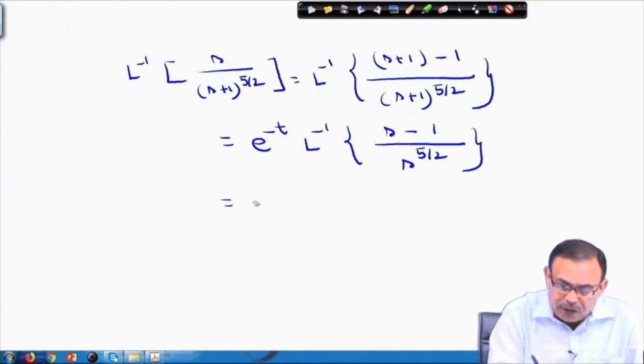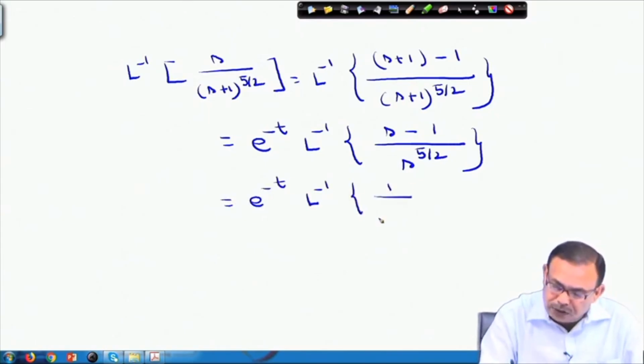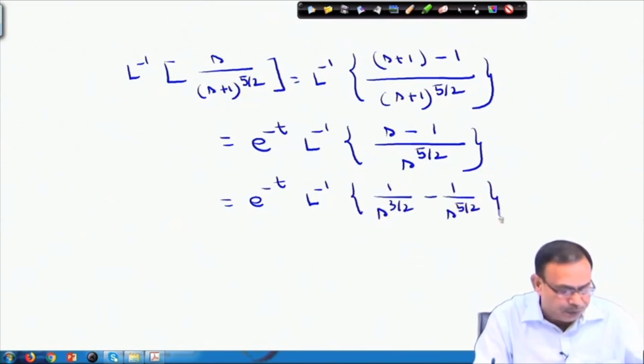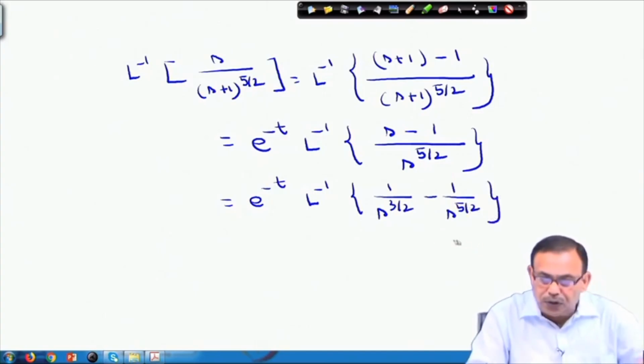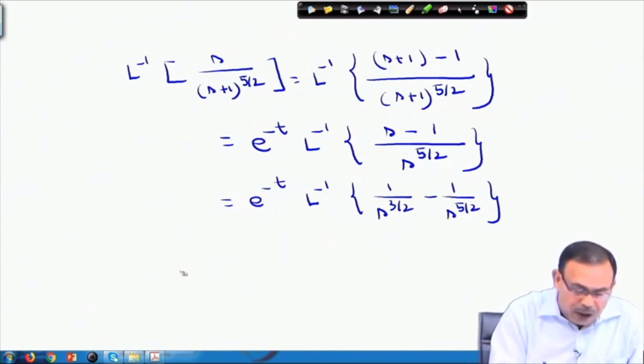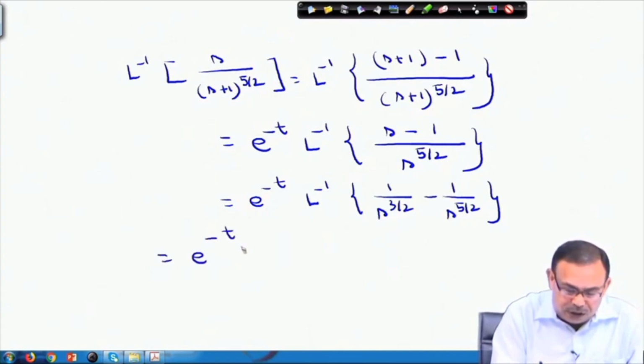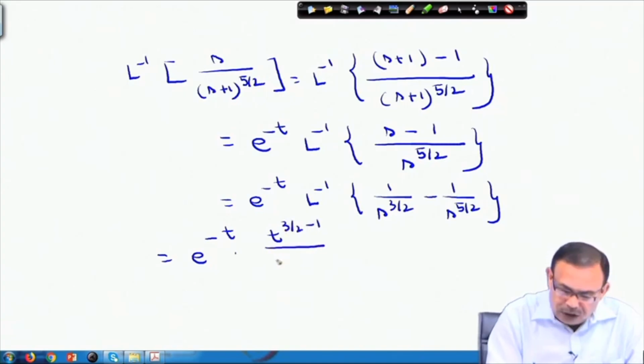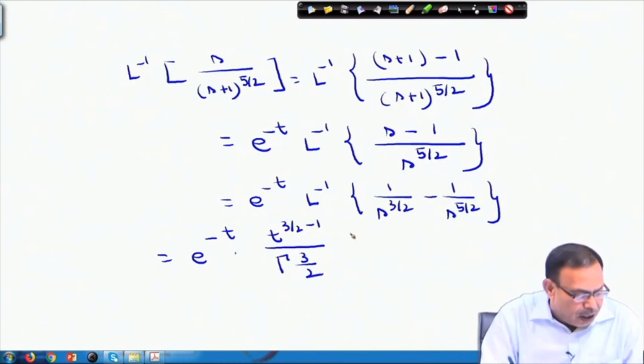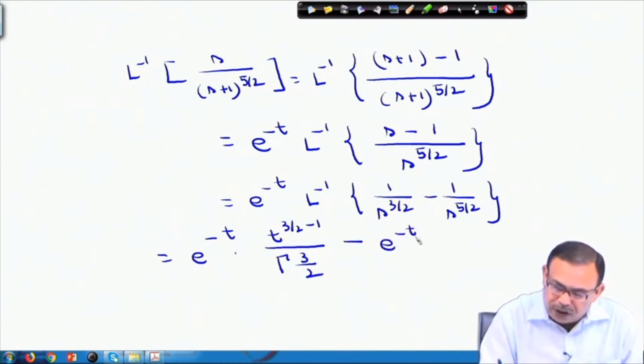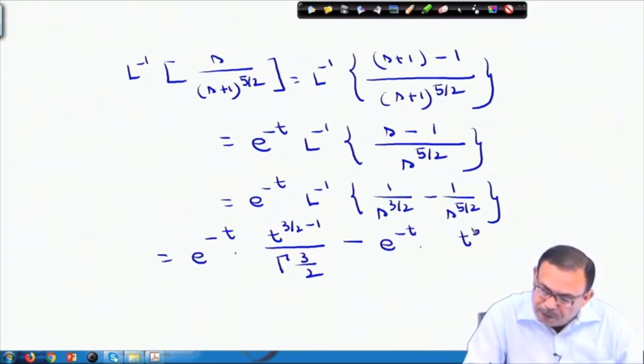So this is nothing but again e to the power minus t into Laplace inverse of 1 by s to the power 3 by 2 minus 1 by s to the power 5 by 2. And we know the functions whose Laplace transforms are these. So this equals e to the power minus t into t to the power 3 by 2 minus 1 by gamma 3 by 2, and this also minus e to the power minus t into t to the power 5 by 2 minus 1 divided by gamma 5 by 2.